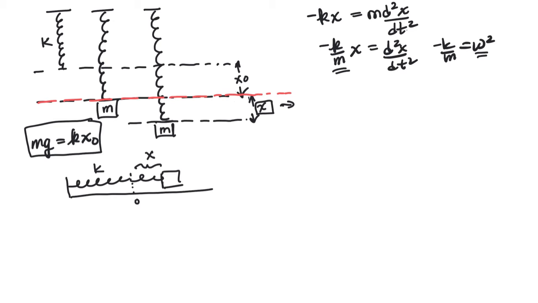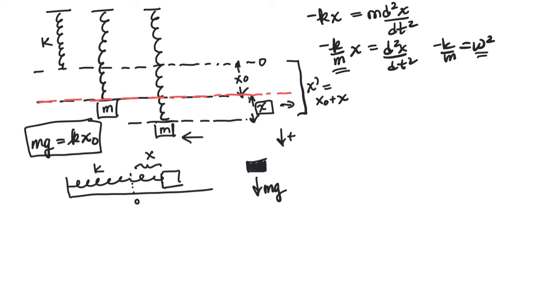Let's come back to our picture with the mass fully deviated from equilibrium, and let's look at the forces acting on the mass at that point. We know that gravity is acting down, and I'm going to go ahead and define down as the positive direction. The other thing I'm going to do is call this x equals 0, and define a variable x prime, which equals x naught plus x.